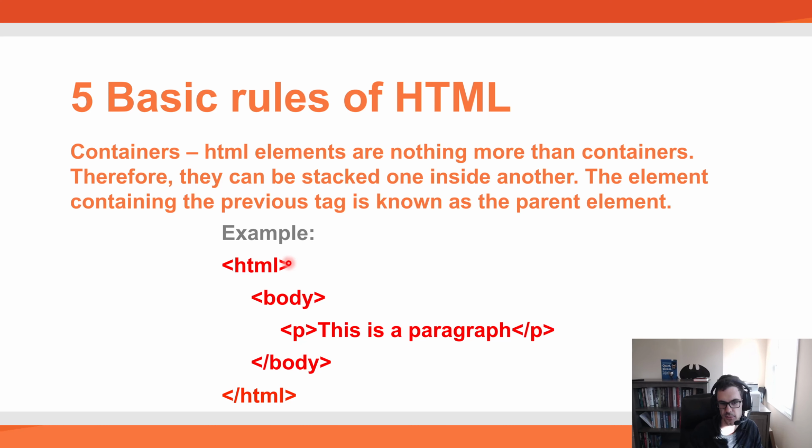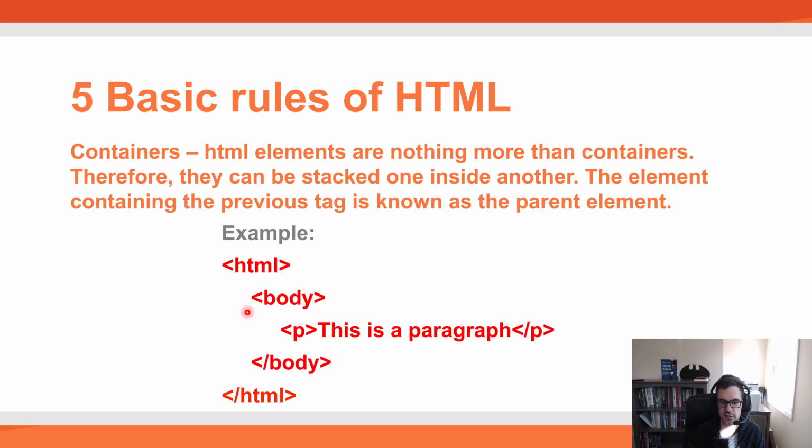Okay, so here's a good rule for yourself when you look at containers. Find the opening tag and then find the closing tag. Again, unless it's a specific tag that does not follow the rule, and I will get into several of those as well. All right, so the element containing the previous tag is known as the parent element.